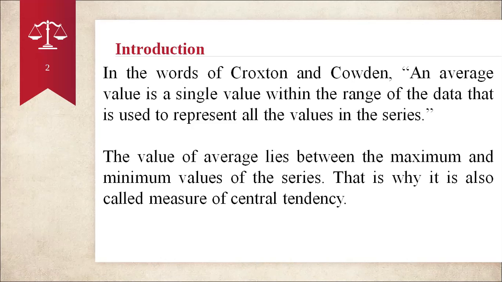For example, if you take cricket, the IPL is going on, and if you take Kohli, a good batsman, in the first match he may score 10 runs. In the second match, he may score 50. So what is the average of the batsman's runs? 50 plus 10 is 60, by 2 is 30.